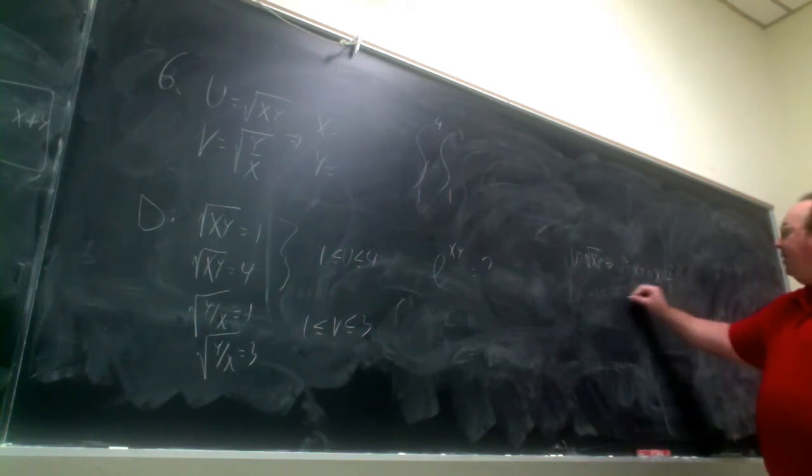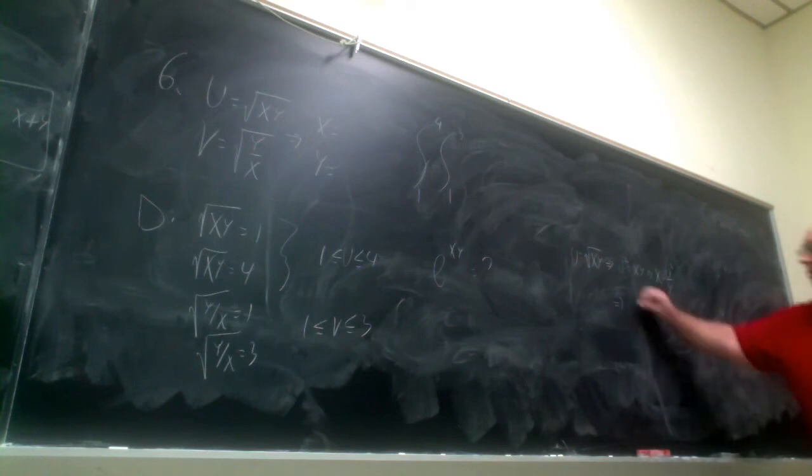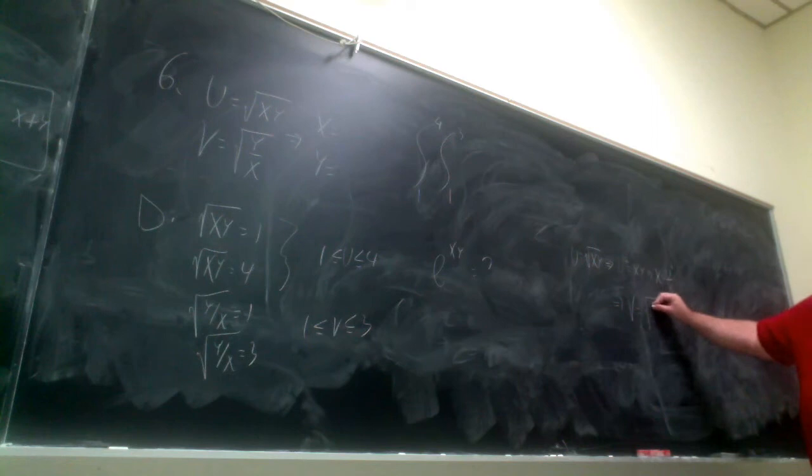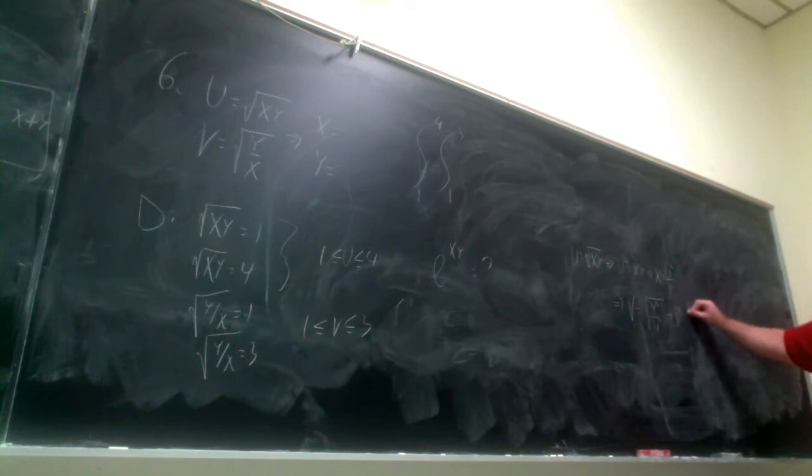But now I can take this and substitute it into the other equation, the one for v. So square root of y over x would be y squared over u squared, once I simplify as much as I can. So now I have v is equal to y over u, therefore y is equal to u times v.